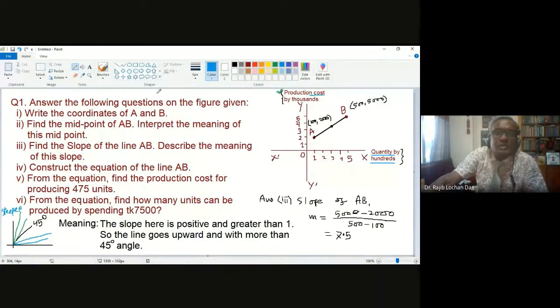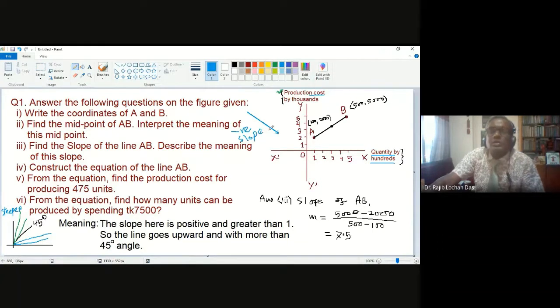So that is the meaning of this slope. If the slope is negative, then it will be different. If it is negative slope, then the line will go like this, downward. Downward means it will be lower and lower. Negative slope means downward line.